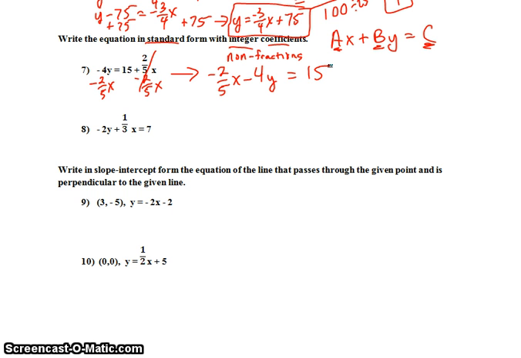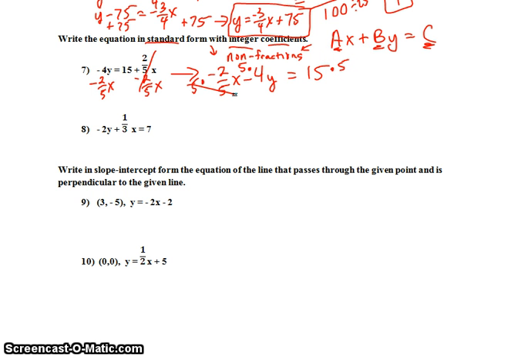Okay, so we can't have fractions, so how do we get rid of this fraction here? Well, if I want to get rid of this 5 in the denominator, I'm going to multiply everything by 5. That will get rid of the fraction.